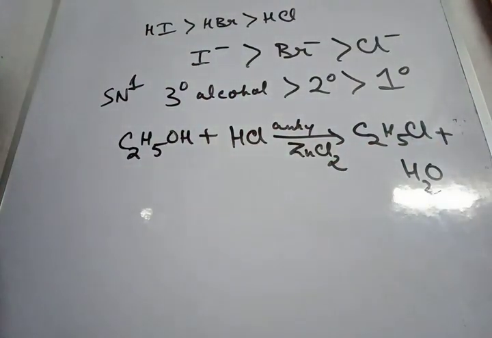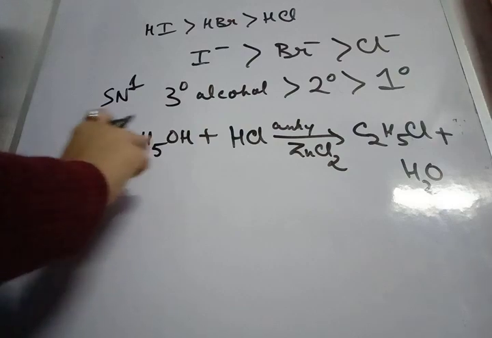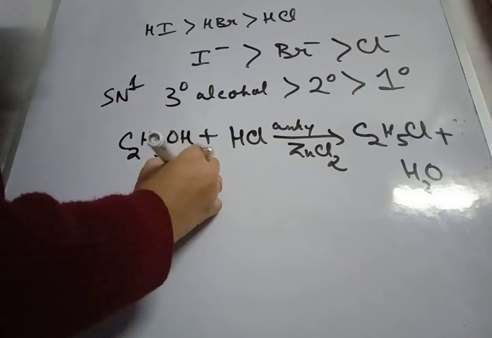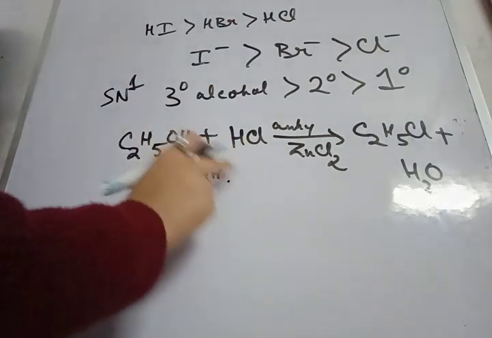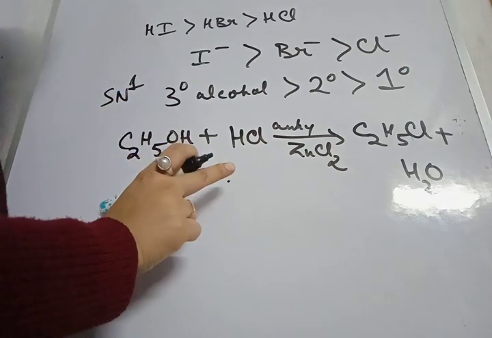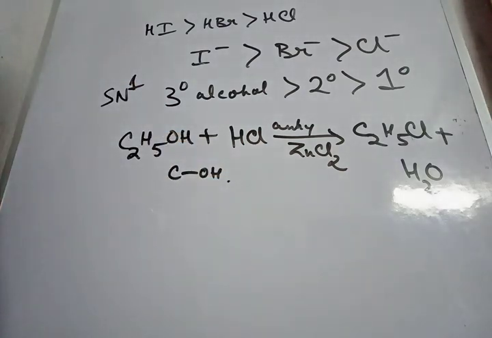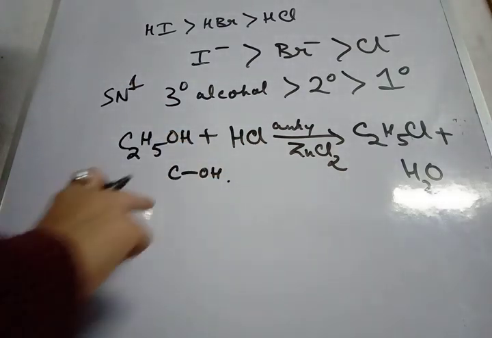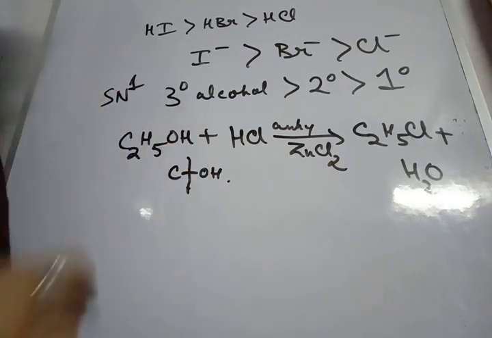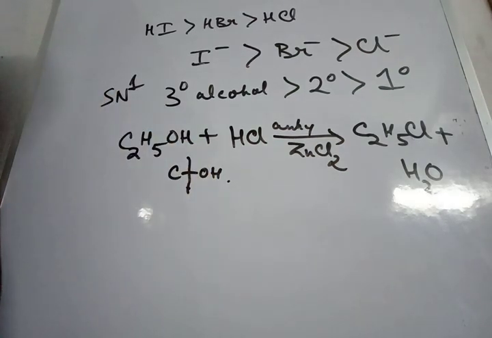Now what is the role of the zinc chloride? So anhydrous zinc chloride helps to cleave the C-O bond, because C2H5OH means what? An alcohol contains a C-O-H bond, right? So it helps to cleave the C-O bond. This bond is cleaved by anhydrous ZnCl2.